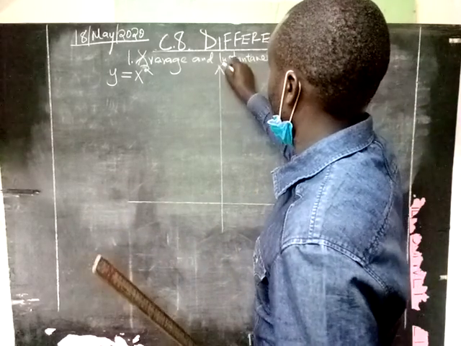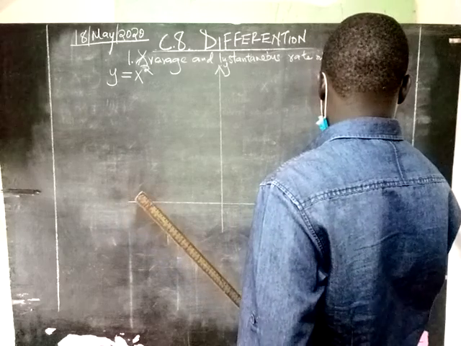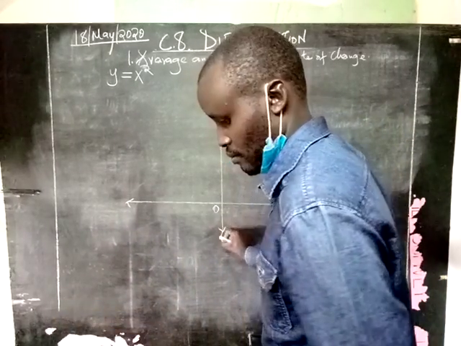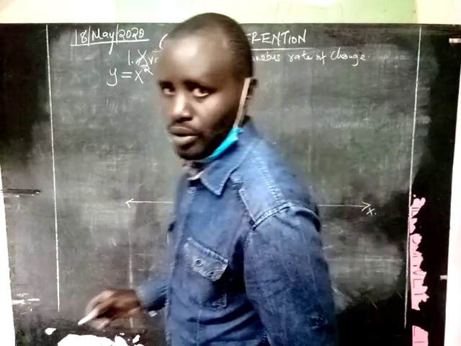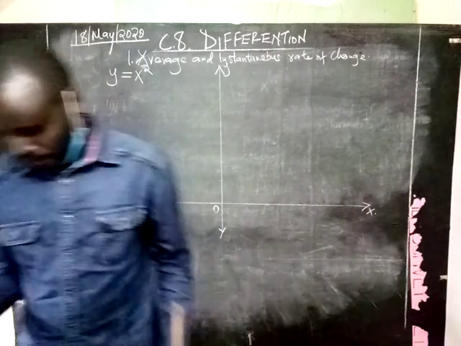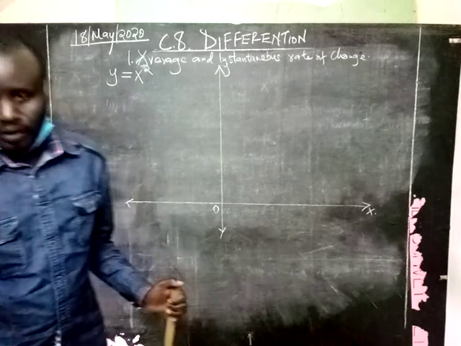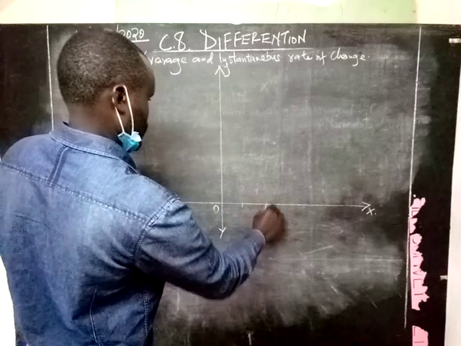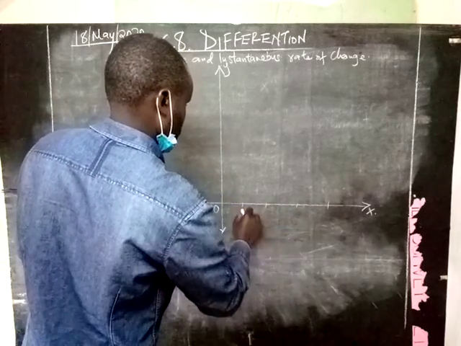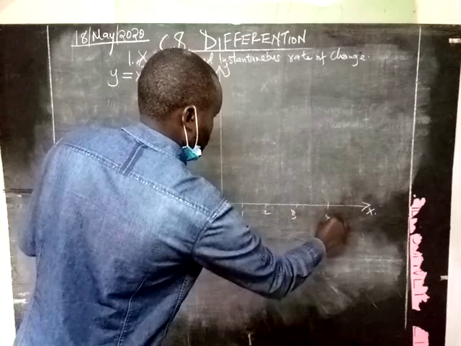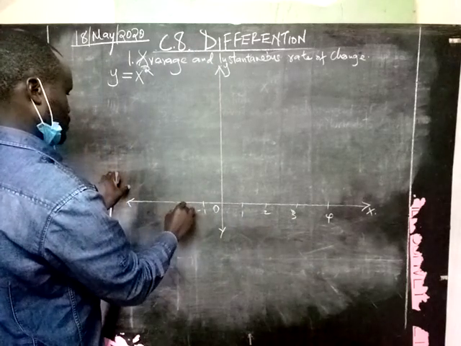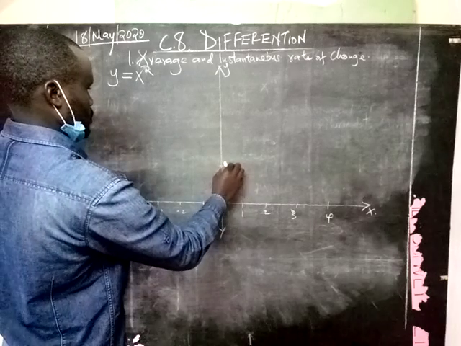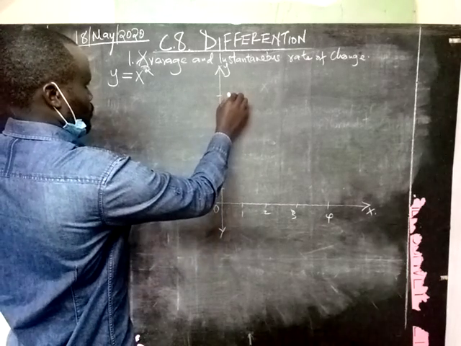This is the y-axis, this is the x-axis, there is our origin, and we are going to have our curve when this one is 1, 2, 3, 4, negative 1, negative 2, negative 3, and 1, 2, 3, 4, 5.